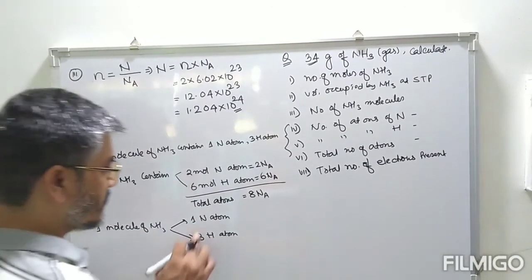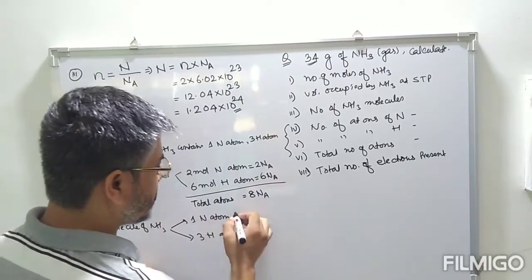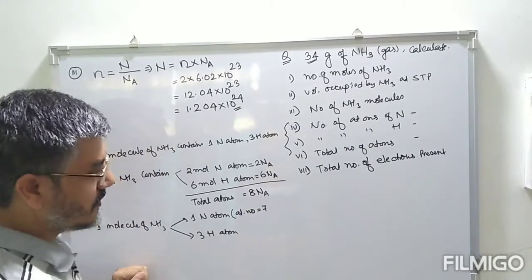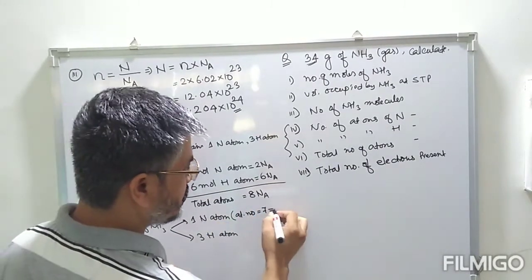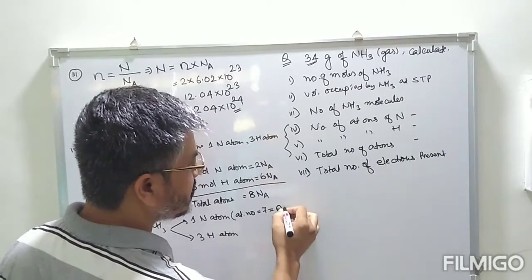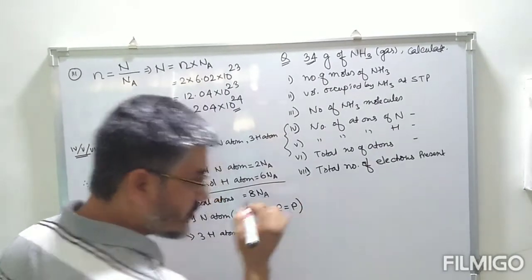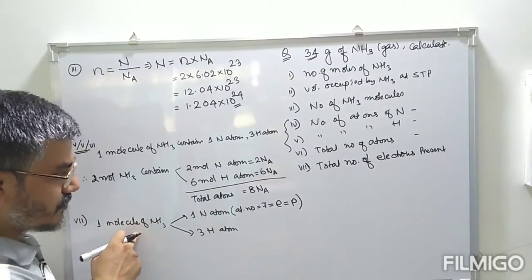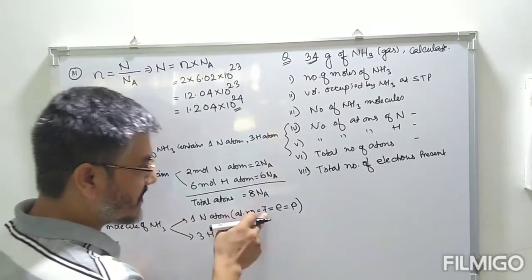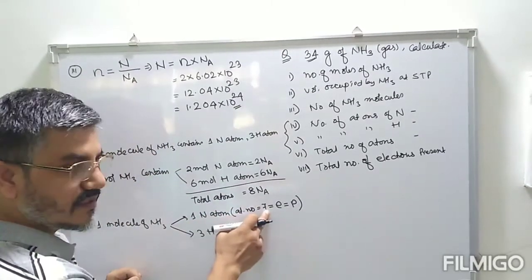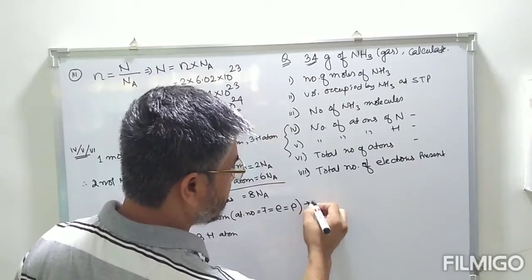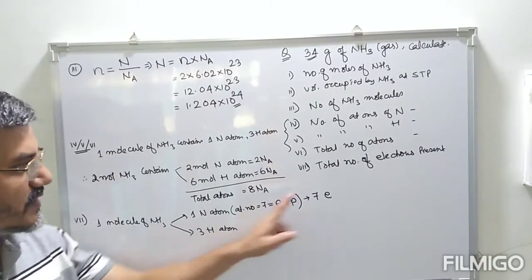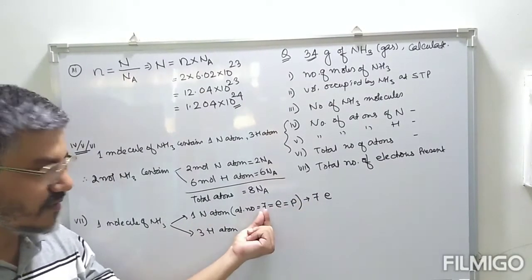So one nitrogen atom, atomic number of nitrogen is 7. Now this atomic number is equal to number of electrons, which is equal to number of protons. So one nitrogen is present in one molecule. In this one nitrogen with atomic number 7, the number of electrons present is 7. So one atom of nitrogen contains 7 electrons, that is the atomic number.